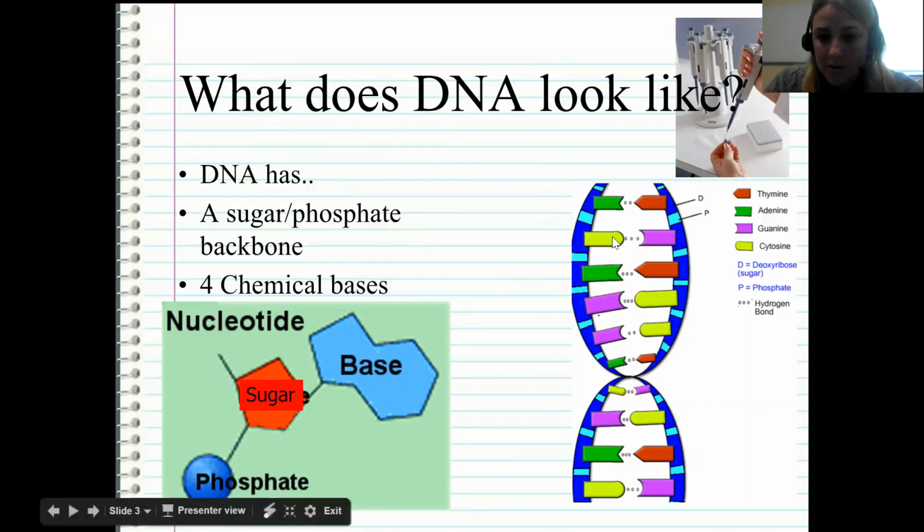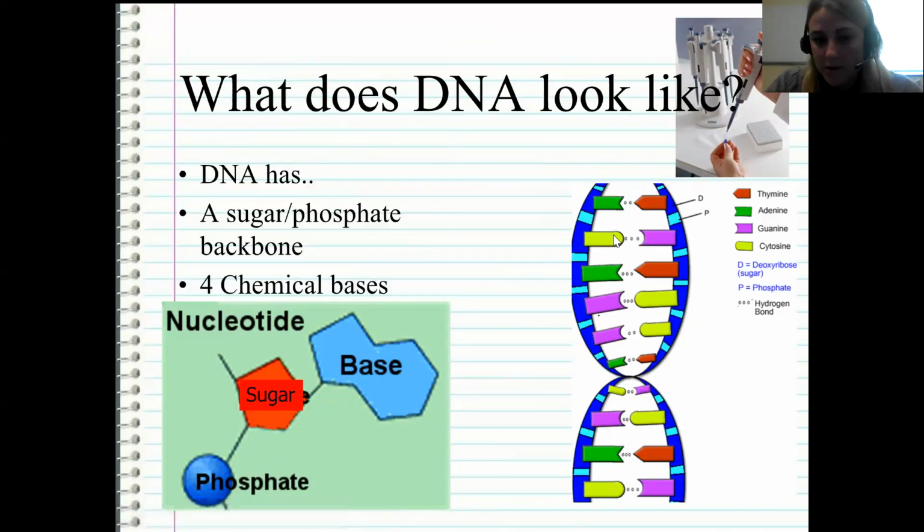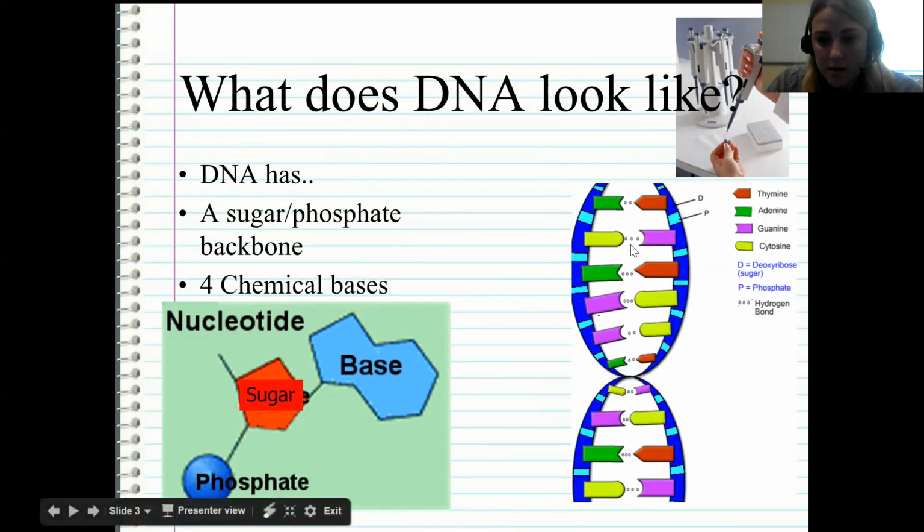A always with T, T always with A, C always with G, and G always with C. You can also see down here we have bonds, and these are hydrogen bonds. If we're comparing DNA to a ladder, the sides of our ladder are alternating sugars and phosphates, and the rungs or steps of our ladder are those 4 chemical bases that are held together by hydrogen bonds.